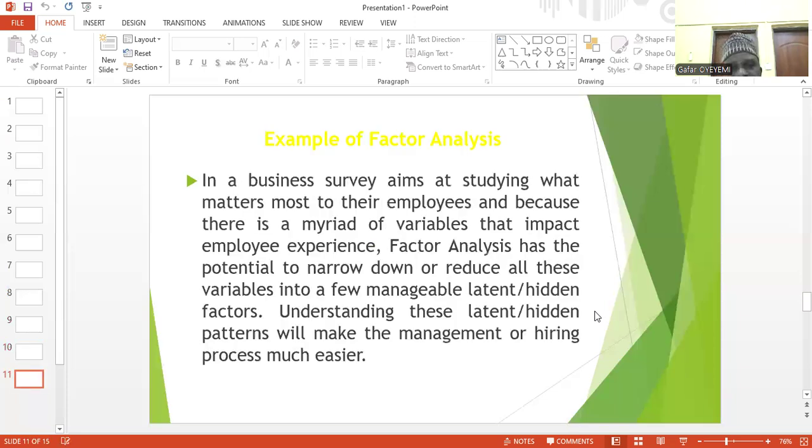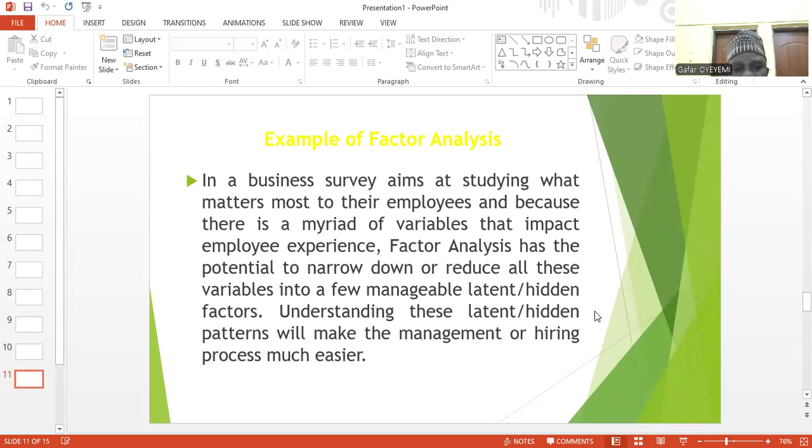Moving to factor analysis. In a business survey that is aimed at studying what matters most to their employees, there are going to be many variables that may impact employee experience. So these variables will be many.